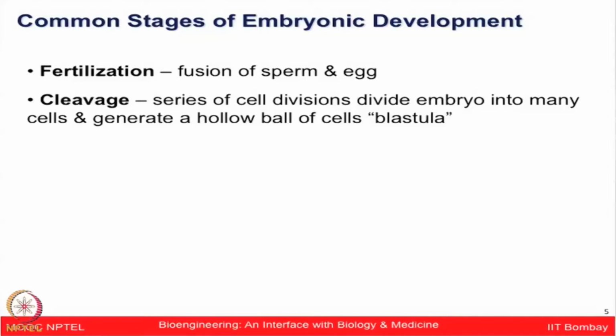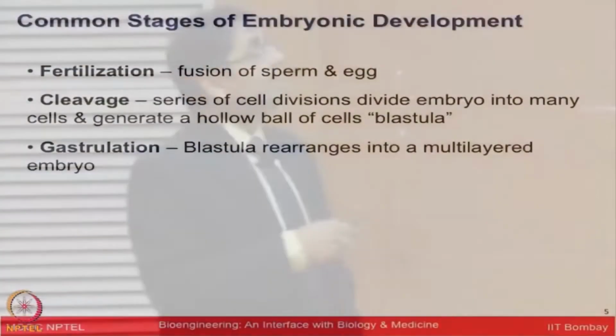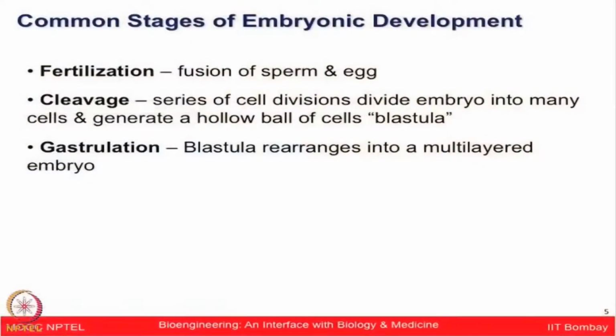Cleavage is when a series of cell divisions happens after the sperm and ova fuse, and that one cell is now dividing to 2, 4, 8, 16, 32, 64, morula, blastula, gastrula, many of these stages following for development to happen. So, all those divisions are part of the cleavage, and eventually it generates a ball which is surrounded by cells, which is known as the blastula.